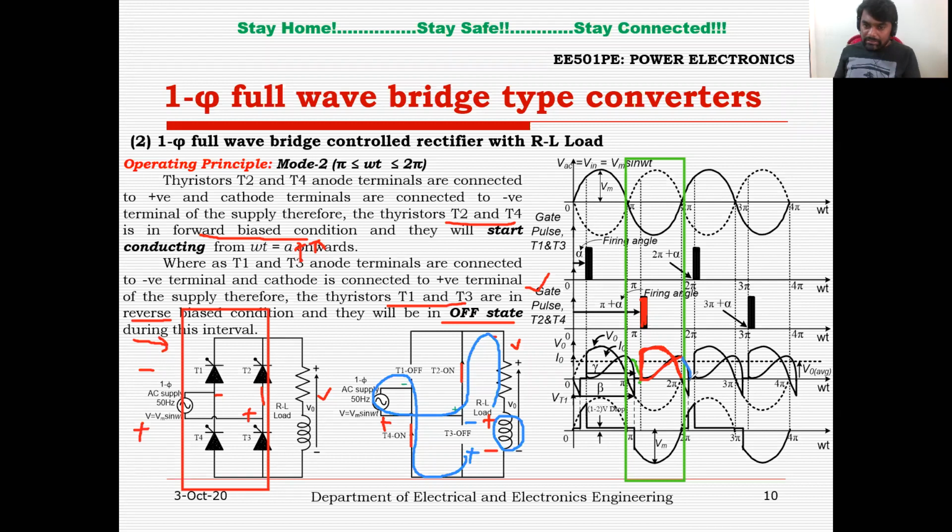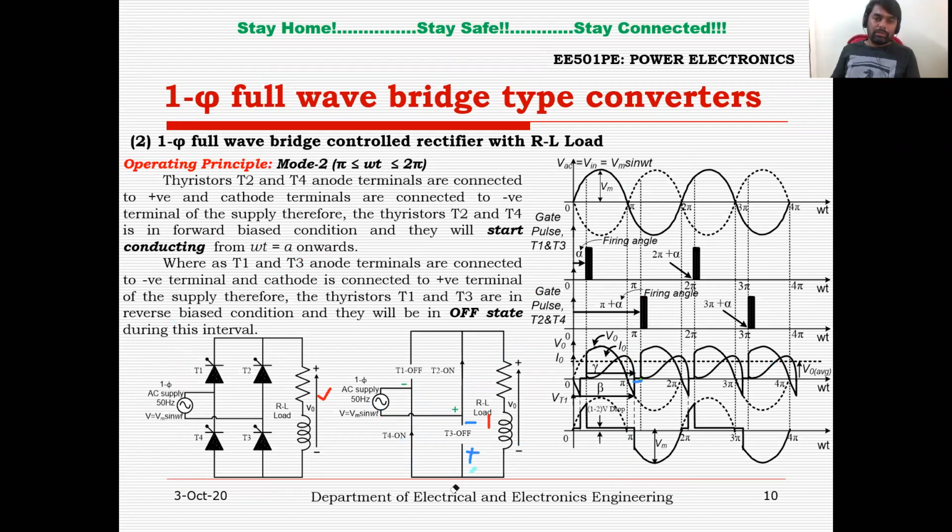So here you can see the current through the inductor, which is flowing to the load as well as T2 and T4, will become zero at this particular point. So at this point, T2 and T4 will go to off condition. You won't get any current to the load due to this inductor charging capability, right? And due to zero current, you will get zero voltage here. So during the short portion, due to presence of zero current, you will get zero voltage.